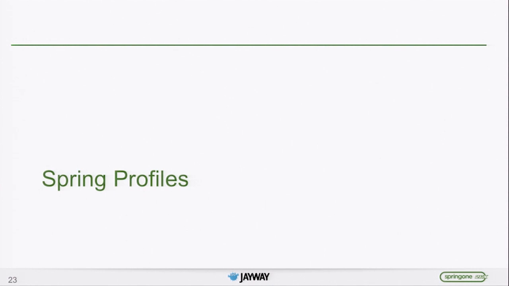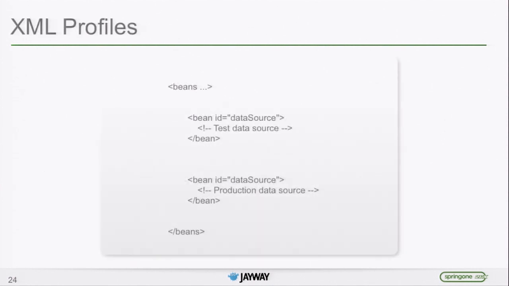So the problem we have is that we have two different data sources declared within our application context. Obviously, we could give them different IDs, one test data source and one production data source. But if you declare two data sources and you do some auto-wiring where you only require one, that will cause a collision because Spring does not know which one to use.